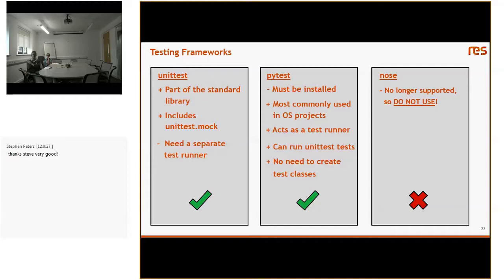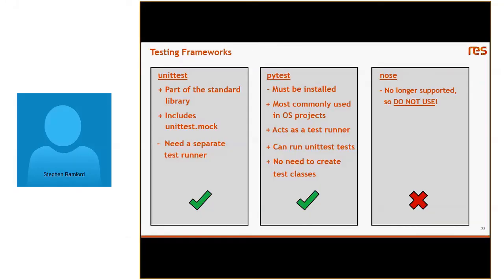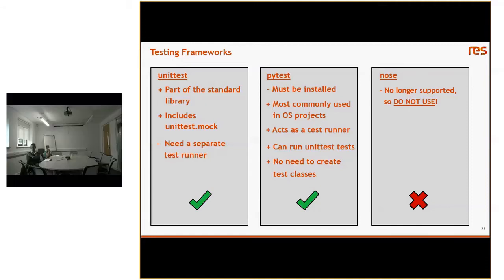I think people are a bit confused on that. So what else is there to the framework apart from the runner aspect of it? Is it just the syntax basically that you use to write the test that is different? Yes, so there are quite a few details of the syntax that are different in unittest and PyTest. If you are adding tests in unittest, you do have to create a test class, which is probably the other big difference between the two.